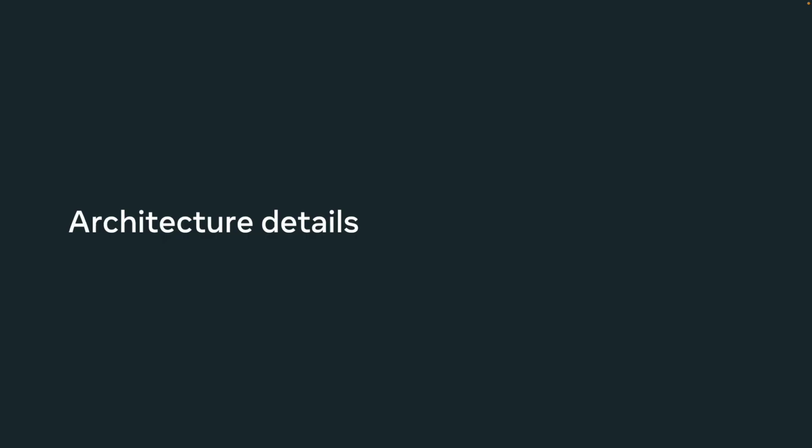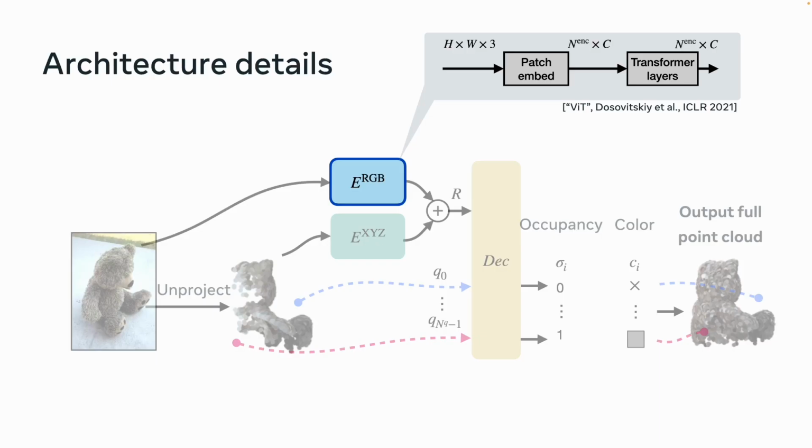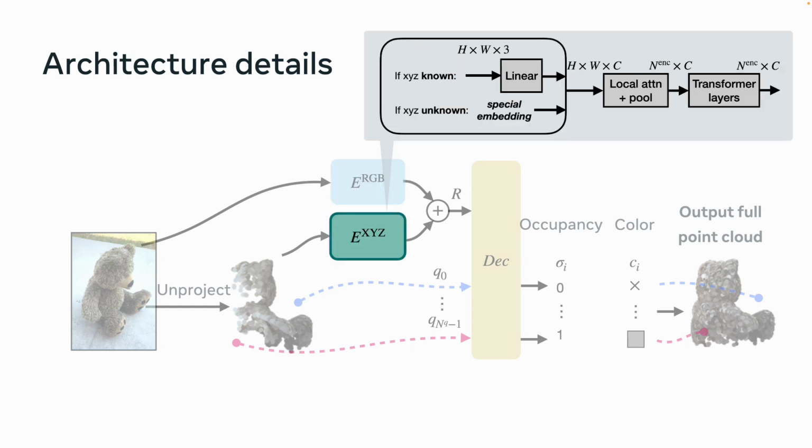The architecture design of each component is very simple as well. Our RGB encoder is simply a standard ViT for encoding an input image. Our XYZ encoder is also a ViT, except that we additionally handle the cases where a pixel's XYZ coordinate is unknown, due to, for example, sensor uncertainty.